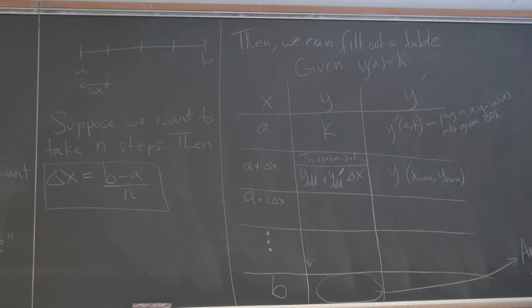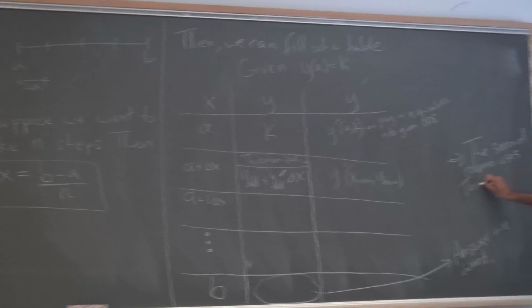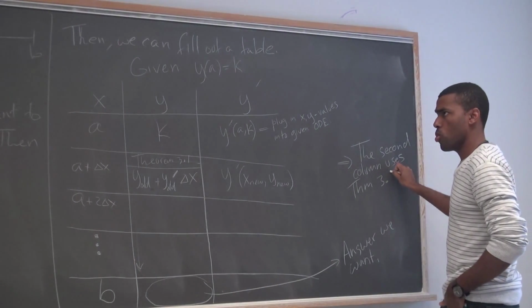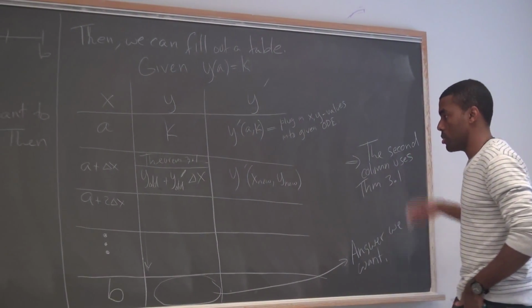So the second column uses theorem 3.1, or was it 2?